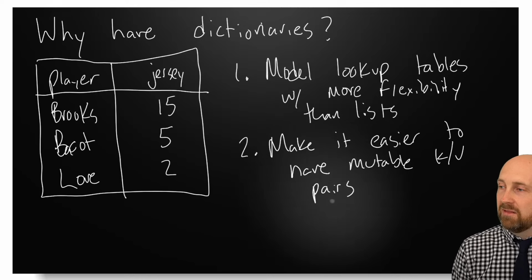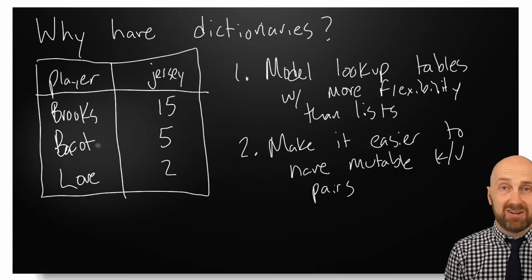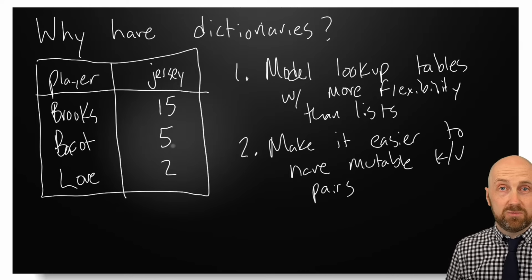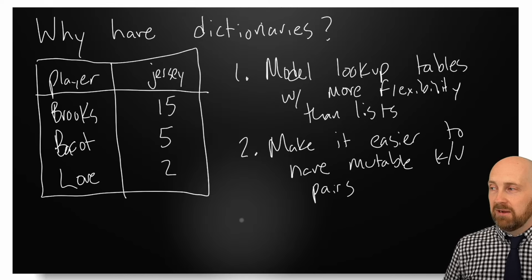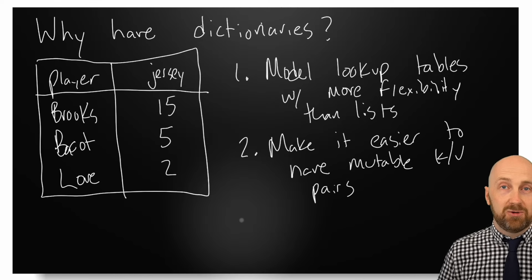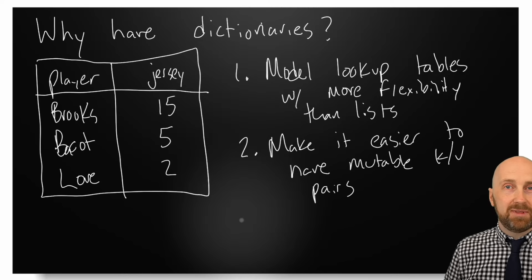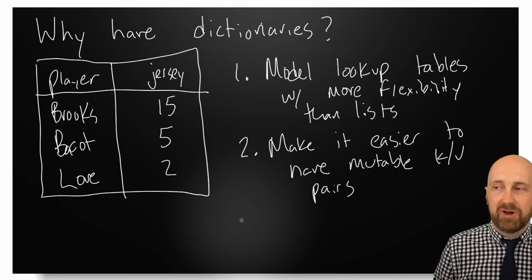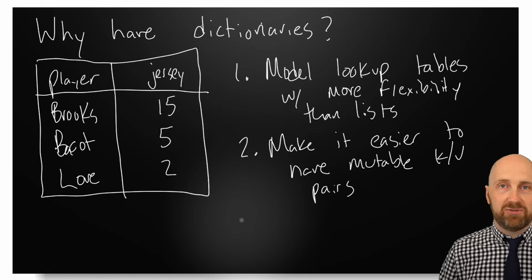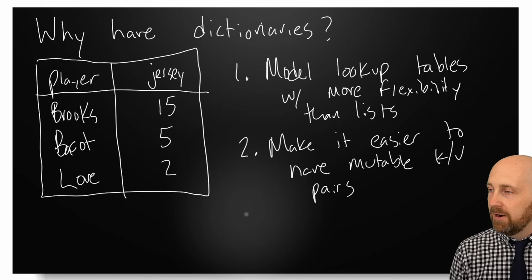But the gist is the key is what we're looking up by. So the name of the player in this example, and the value is what's associated with that key. And if we used constants, as I mentioned before, as our keys and their values, well, that's not something that's supposed to be mutable. We can't add new constants to our program. So if we picked up a transfer mid-season, we would have to go and rewrite our program, right?